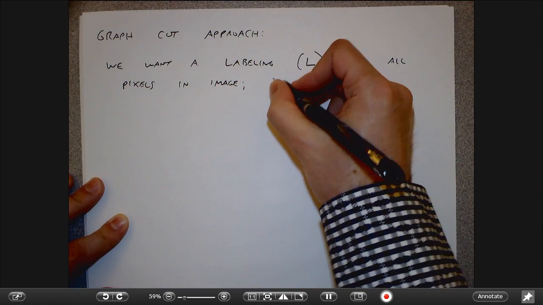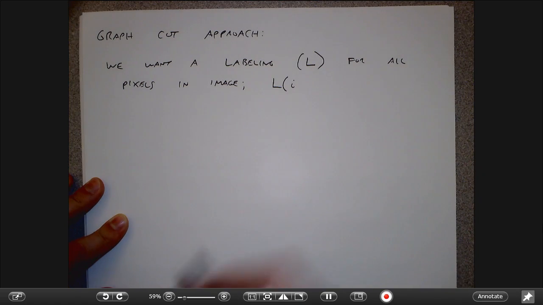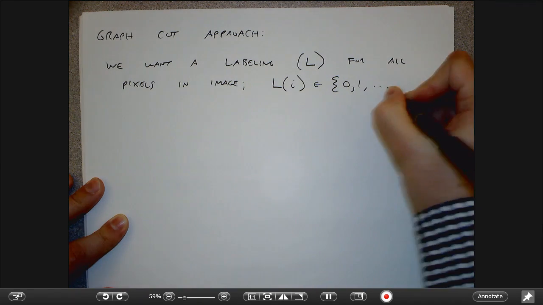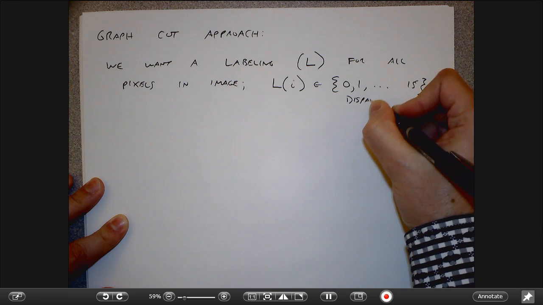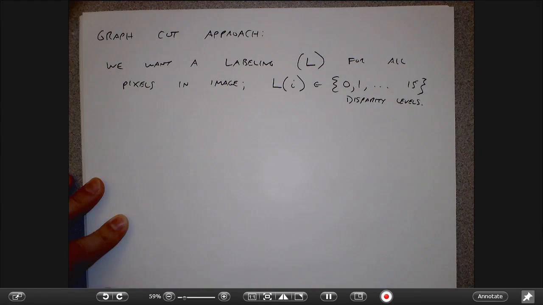And so the label at pixel I could be, say, 1 of 16 disparity levels.